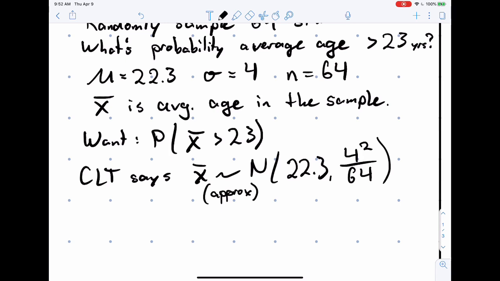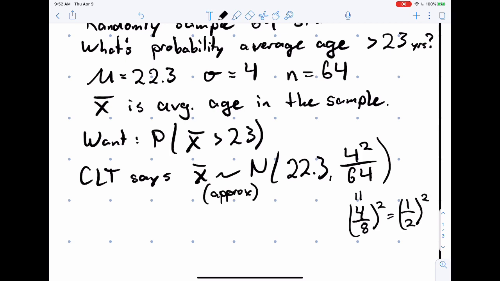Right? And 4 squared over 64, that's equal to 4 over 8 squared, which equals 1/2 squared.